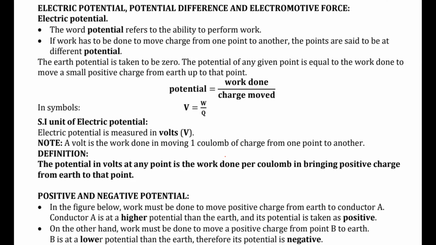So there are points at the positive potential, and there are points at the negative potential because of the reason that I've told you. The 2 points, one at a positive, the other at a negative, we say they have different potentials, and therefore between them there must be what we call a potential difference.